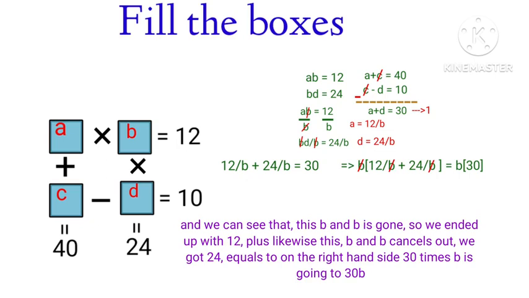So we end up with 12, plus likewise this B and B cancel out, we got 24 equals, on the right hand side, 30 times B, which is 30B.